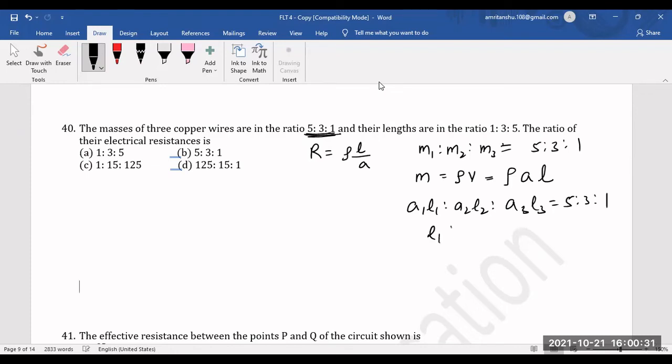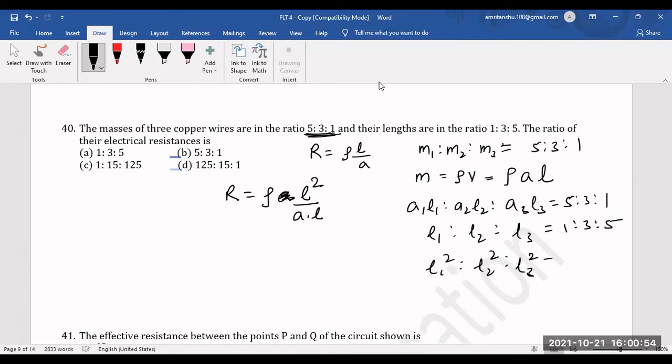We're also given L1 is to L2 is to L3, which is 1 is to 3 is to 5. Now, resistance we can write as rho L square upon A into L. So L1 square is to L2 square is to L3 square can be written as 1 is to 9 is to 25.